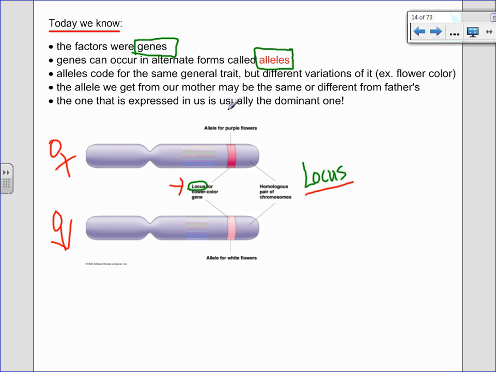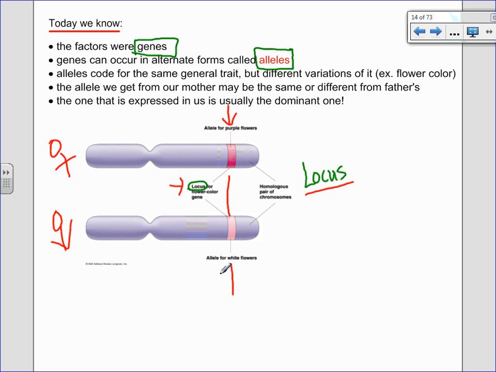This particular gene goes for flower color. So the locus for the flower color gene is in the exact same spot on the chromosomes. So it's coding for the exact same trait, flower color, but it can have a slightly different sequence in the DNA, which means that it could cause them to have a different version of that particular trait. So this would be the allele, or version of the gene, that codes for purple flower.